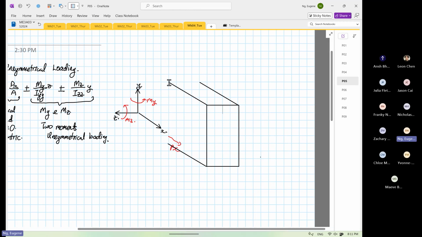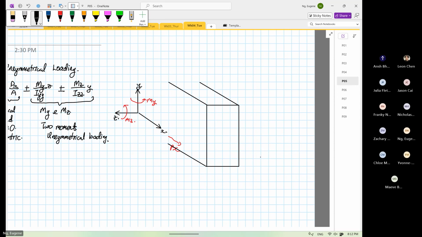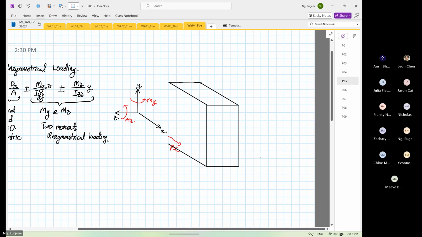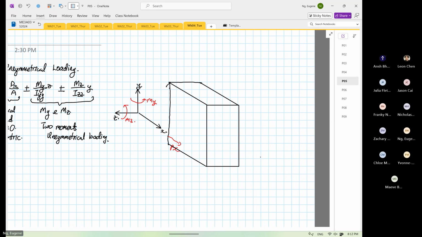And then at this end, it's built in. Yeah, it's built in. So there's a wall down here.